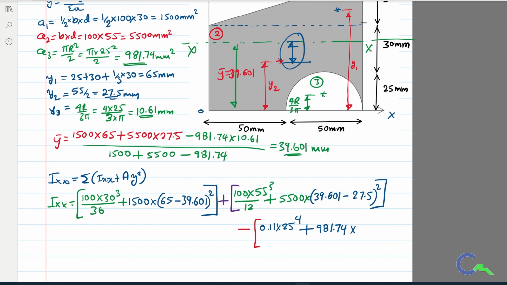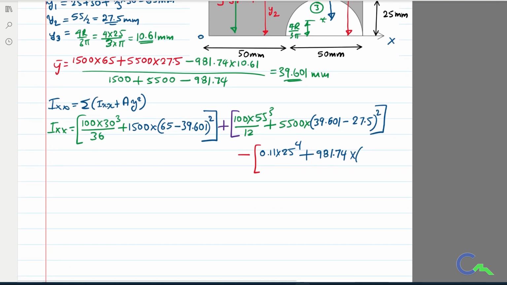The distance is from the centroid of the third figure, the centroid of the circle, to the reference axis. I can calculate it as y bar, that is 39.601, minus y3. y3 we calculated as 10.61. This value whole square.